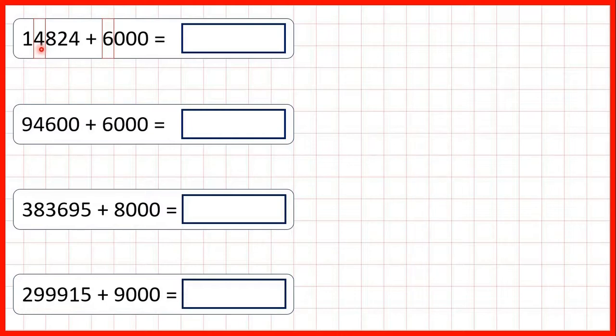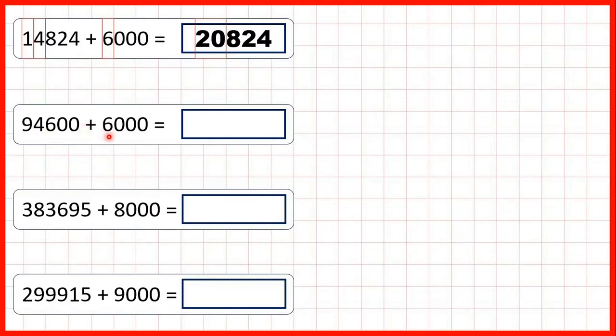So what we need to do here is to highlight our 10,000s digit as well. Now 14 plus 6 is 20, so we can replace the digits we've highlighted with a 2 and a 0 for 20. All of our other digits that we've not highlighted stay the same, so our answer is 20,824.